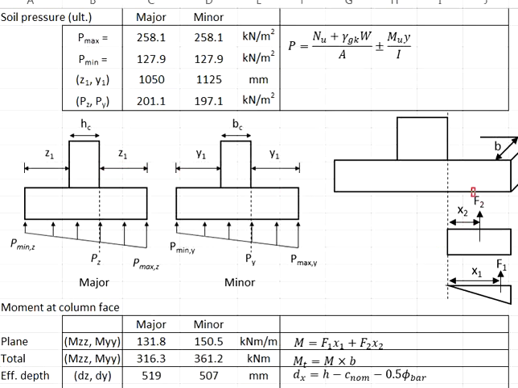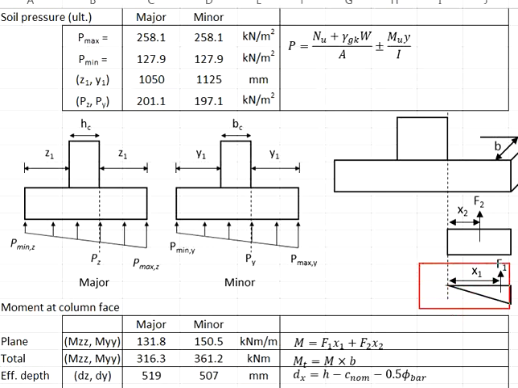That is the resultant force F2 here. Take F2, multiply by the lever arm, which is Z1 divided by 2. That will give you the moment in this direction.